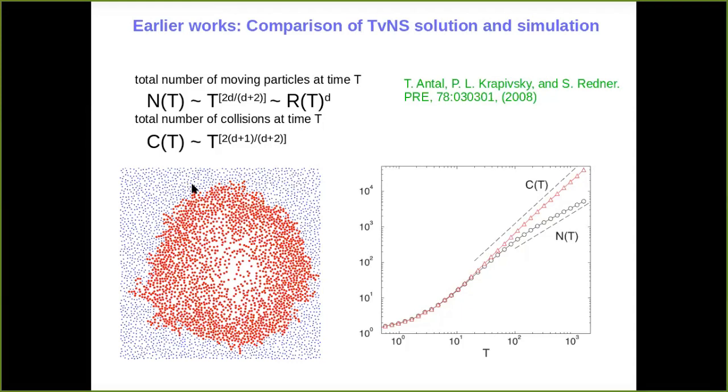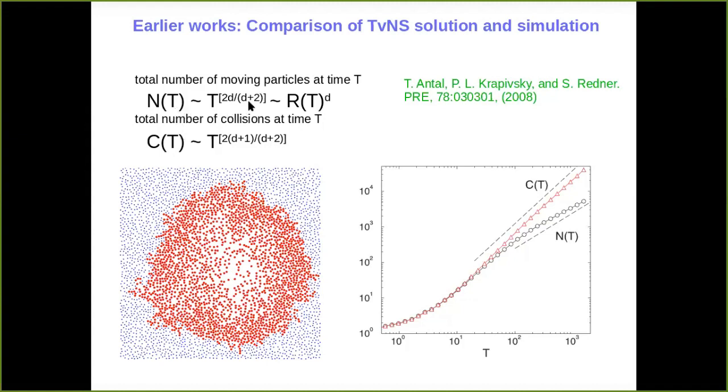The blue particles are at rest, and initially one central particle has been excited, given a velocity. They see how the total number of moving particles, capital N, is a function of t. The red particles are the moving particles at time t. They count the number of moving particles at time T and the total number of collisions at time T, and how they grow with time.